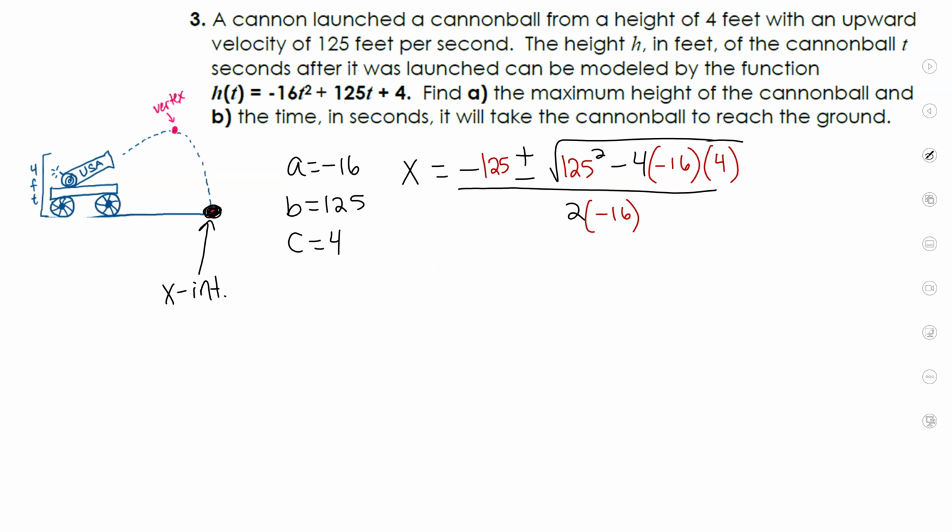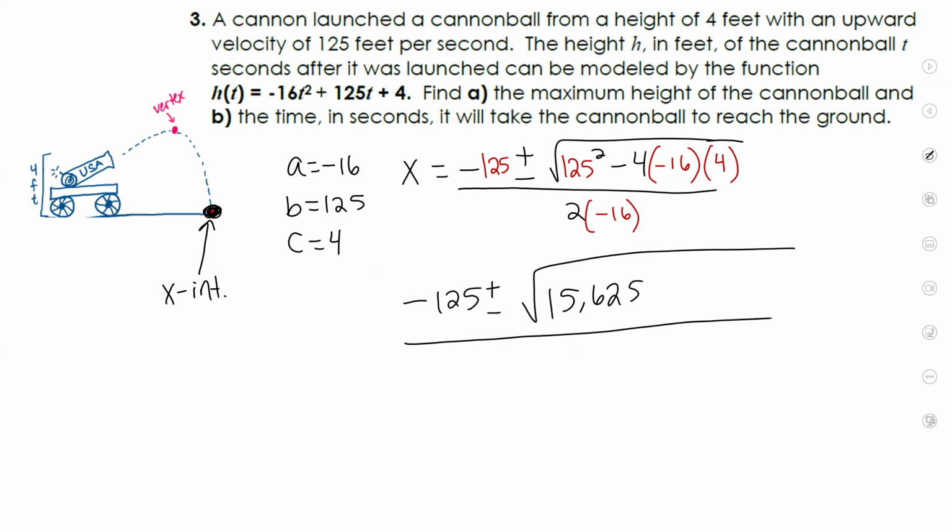We're going to simplify. 125 squared is 15,625. 2 times negative 16, that's negative 32.